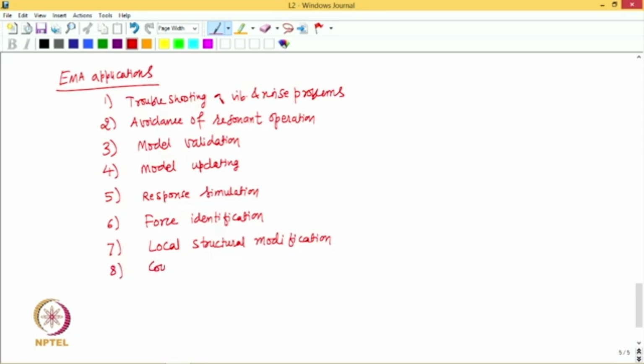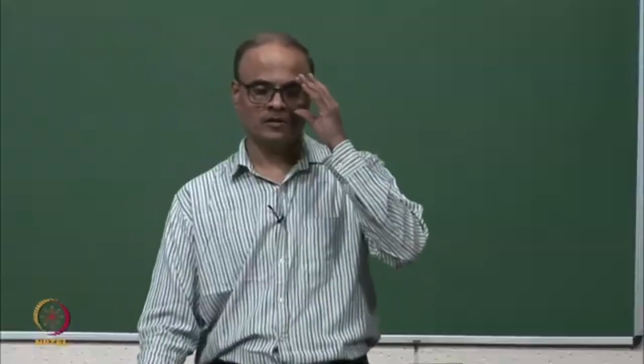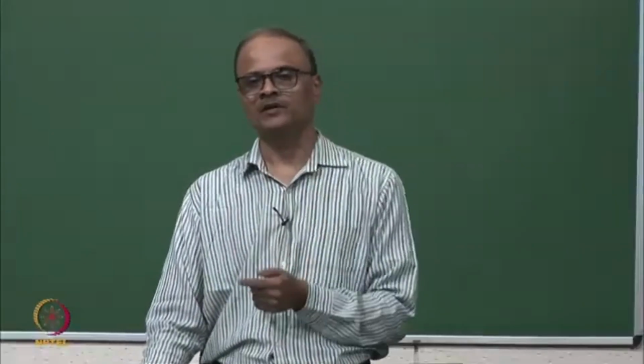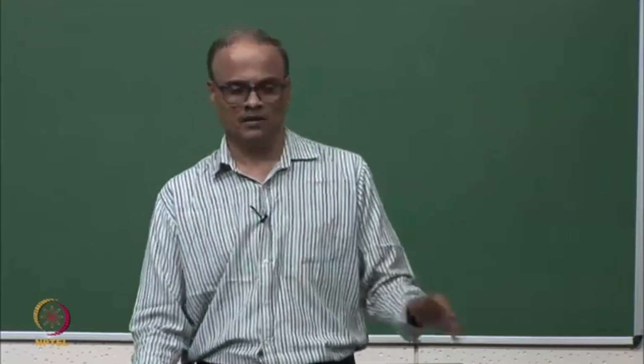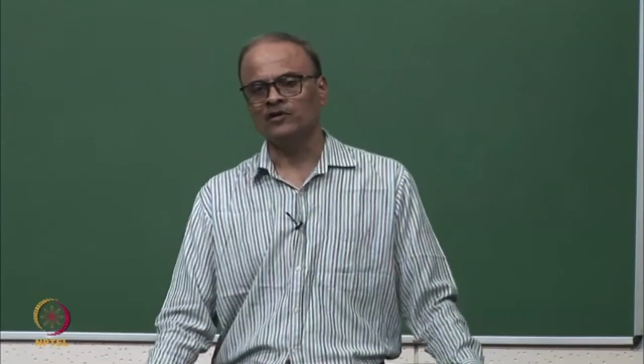Another application is coupled structural analysis. In coupled structural analysis, the idea is to couple models derived from different sources. For example, in an assembly, some component models might be available from the finite element method, and for other components the experimental modal analysis is performed and a model is obtained.